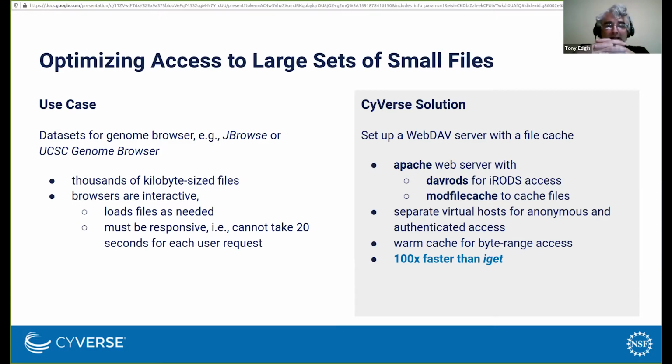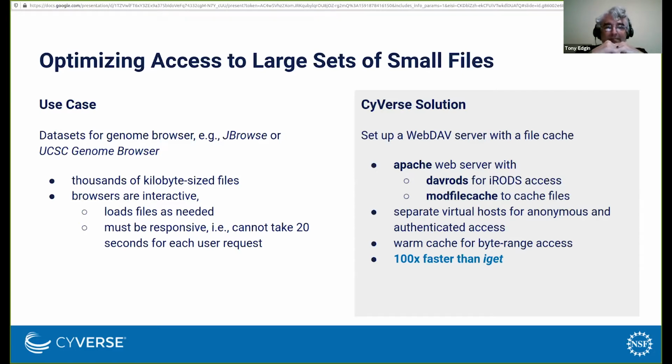When we're talking directly to iRods, it could take 45 seconds for some of the more complicated user requests to get their data across. The solution was we set up a WebDAV service with a file cache backing it. We knew about DavRODS, so we set up Apache web server with DavRODS for iRods access, and we used mod_file_cache for file caching.